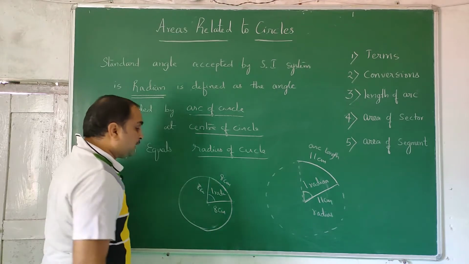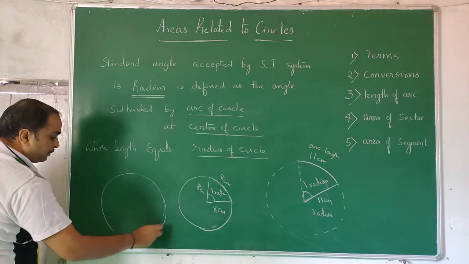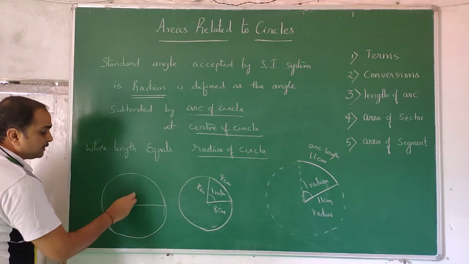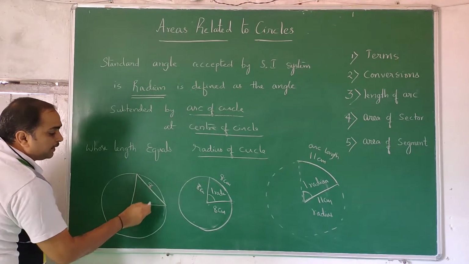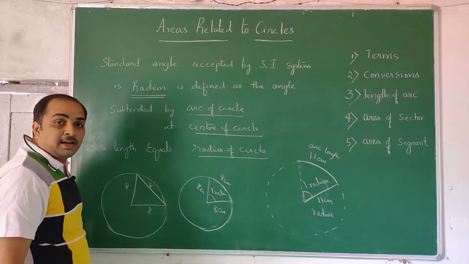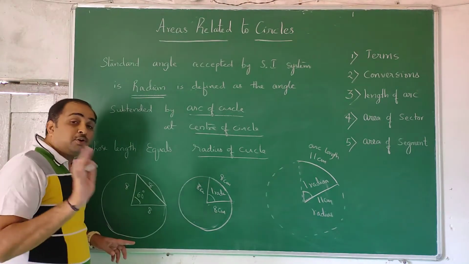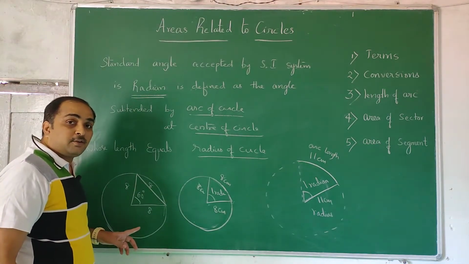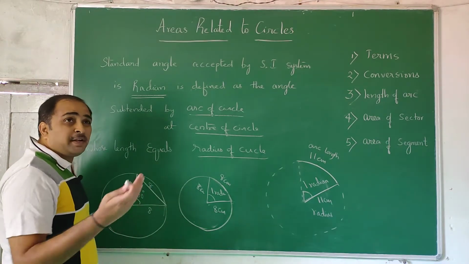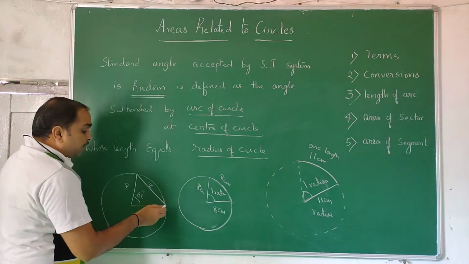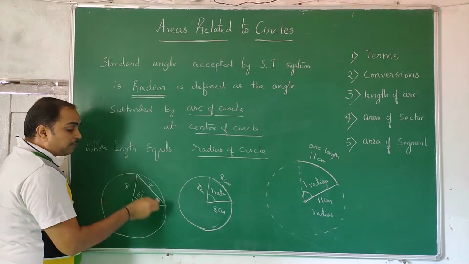But there is one mistake that can be made. For example, 8 centimeters, 8 centimeters and 8 centimeters. If you create an equilateral triangle by drawing straight lines, then this angle will be 60 degrees, which is not equal to a radian. A radian comes out to be about 58 degrees, because we are not allowed to go straight from one point to another point.